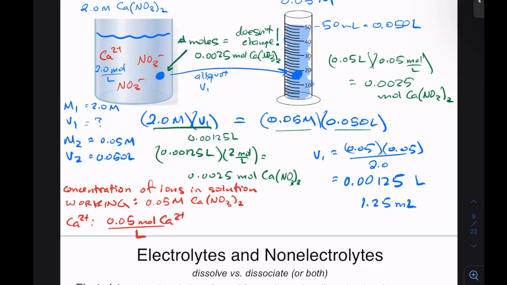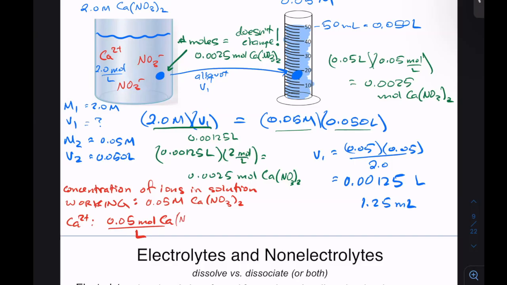When this dissociates, 1 mole of calcium nitrate dissociates into 1 mole of calcium and 2 moles of nitrate ions, but we only have 1 mole of calcium ions here. Here, let me show that to you more formally. Let's not skip any steps.